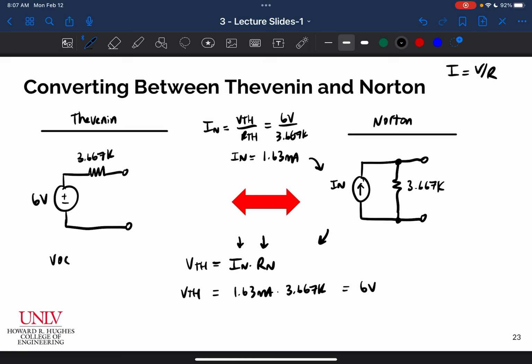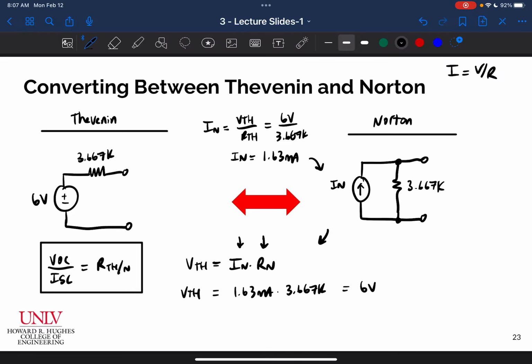Basically, if I take V over I, that will give me the resistance in both cases as well, because that is Ohm's law as well. All right, so we're done with Thevenin and Norton.